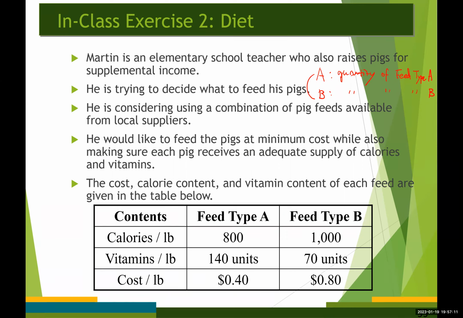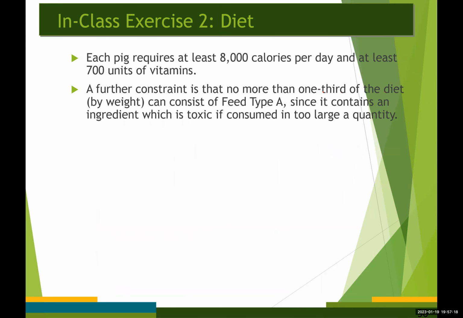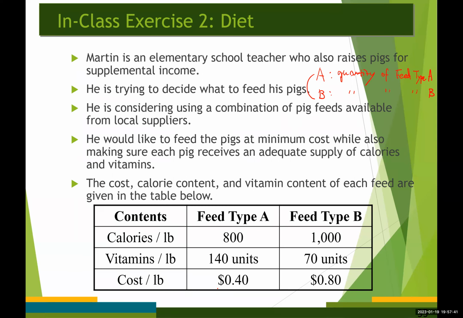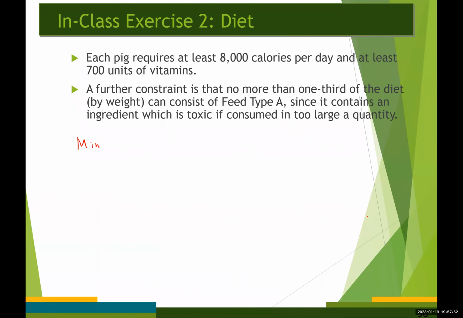So our objective function should be: minimize, using this cost value, 0.4 for feed type A and 0.8 for feed type B. That's going to be 0.4 times A plus 0.8 times B, right?